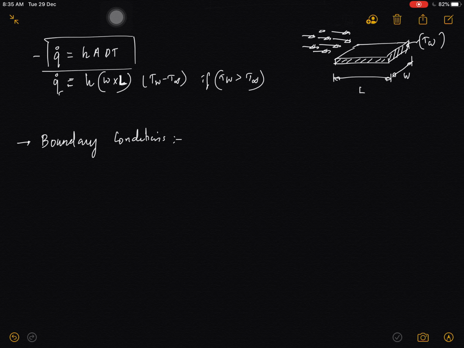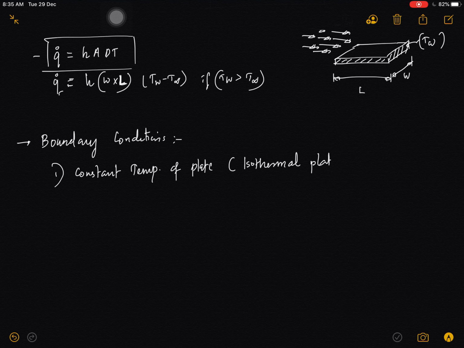Okay, and for the analysis of this particular convective heat transfer coefficient value, we have to find the Nusselt number value, and this Nusselt number value can be determined by using various boundary conditions. That is, the first boundary condition is constant temperature of plate boundary condition.